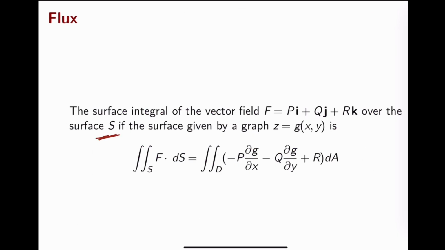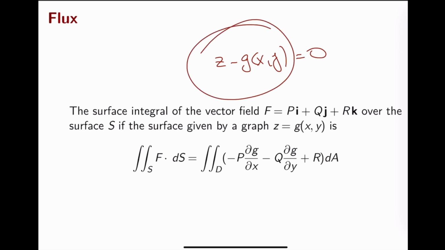In case that the surface is given by the graph of a function defined this way, so in that case we can consider z minus g(x,y) equals 0, and so when we do the partial derivatives here, we are going to get that the derivative with respect to x is going to be minus the derivative of g with respect to x.